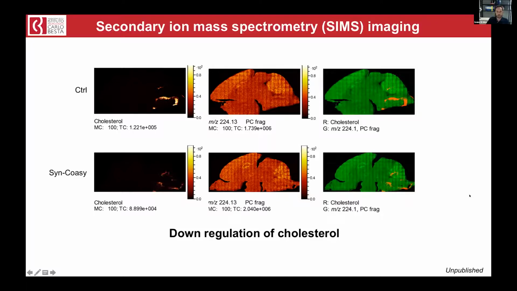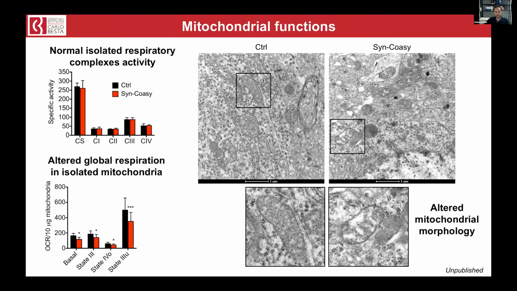knockout animals. At the end, we are also analyzing the mitochondrial function, because you will know that coenzyme A is mainly used and stored in mitochondria, and also PANK2 and CoASY are also associated to mitochondria.